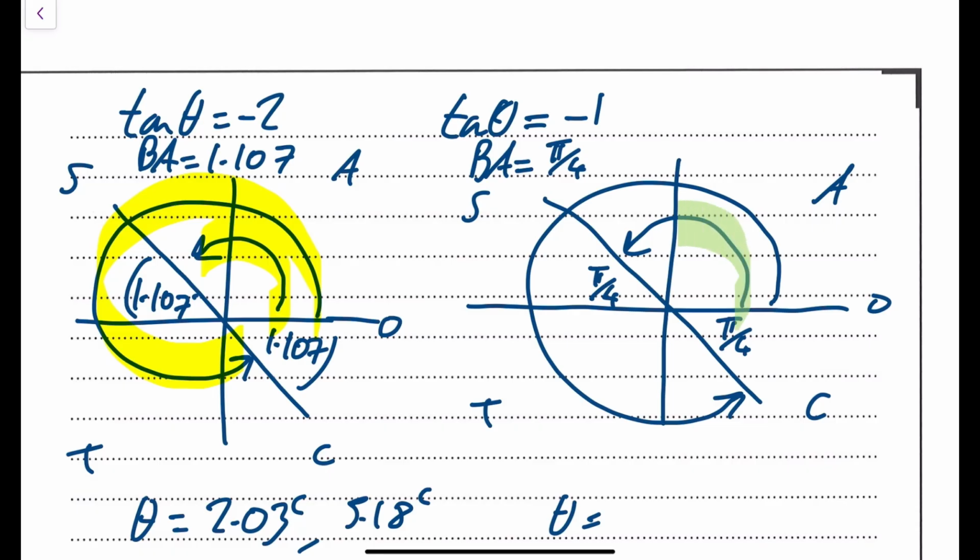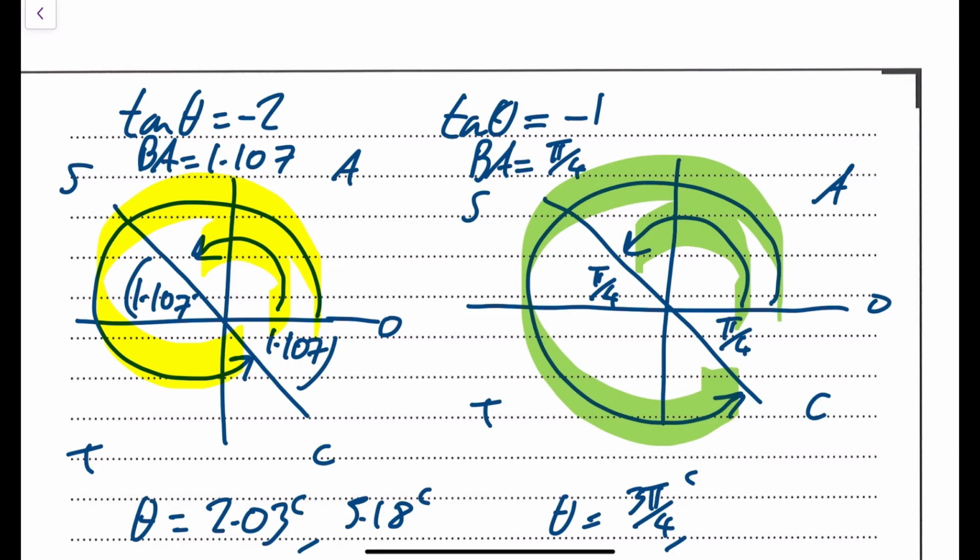This one here in green is going to be pi minus pi over 4, which is going to be 3 pi over 4 radians, and the other one then, we'll do it in green, all the way around to here is going to be 2 pi minus, that is going to be 7 pi over 4 radians. Okay.